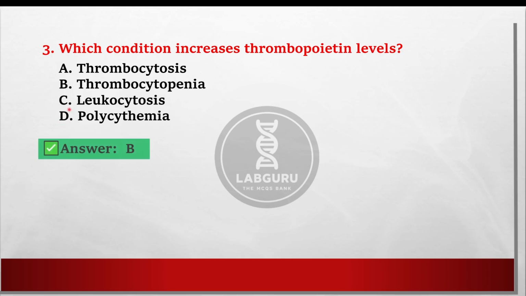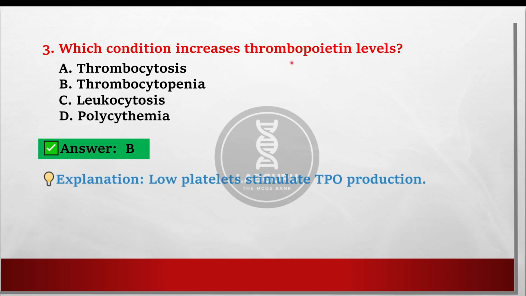Okay, so here the right answer is option B, that is thrombocytopenia. Due to the low platelet count, the thrombopoietin level increases to counterbalance the population of the platelets. Here in the explanation, low platelets stimulate TPO production mainly from the liver and also from the kidney to counterbalance the platelet count in the blood.